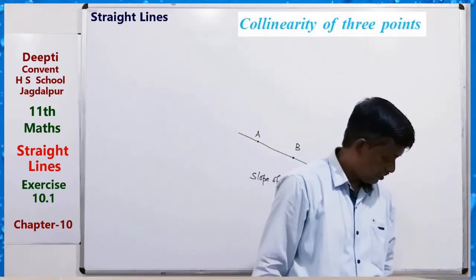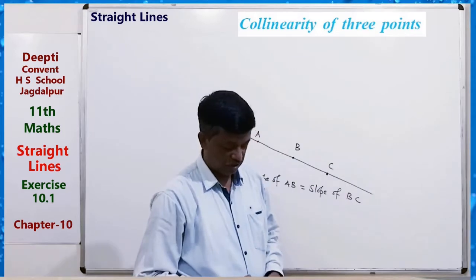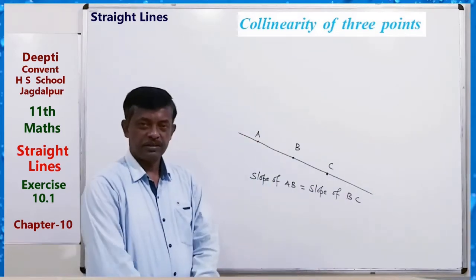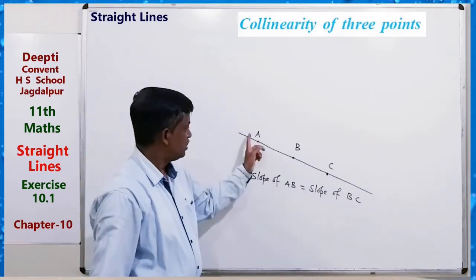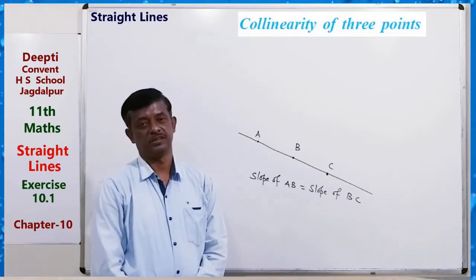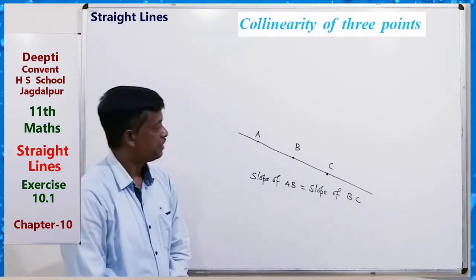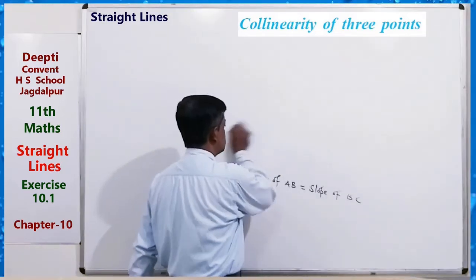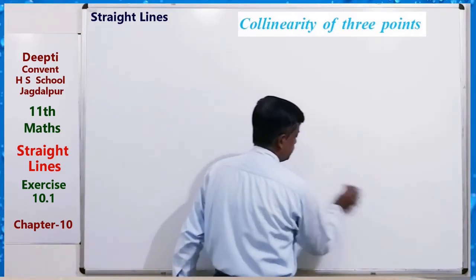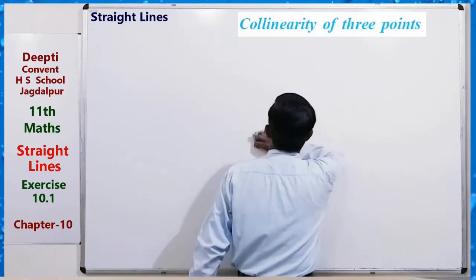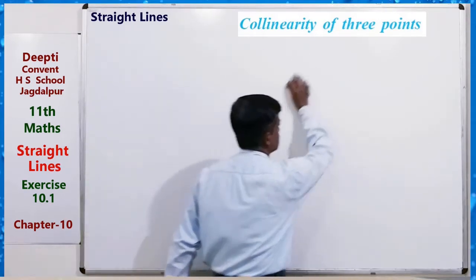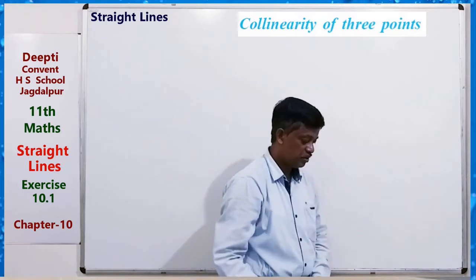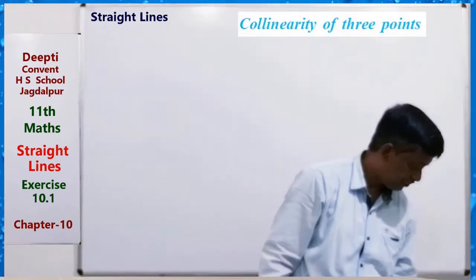This is our formula for proving collinearity of 3 points. Okay? So these concepts should be very clear in your minds for solving questions from exercise 10.1.